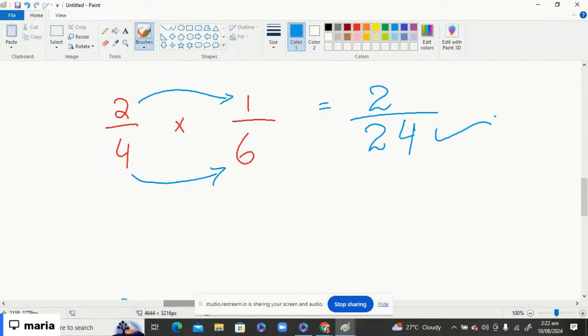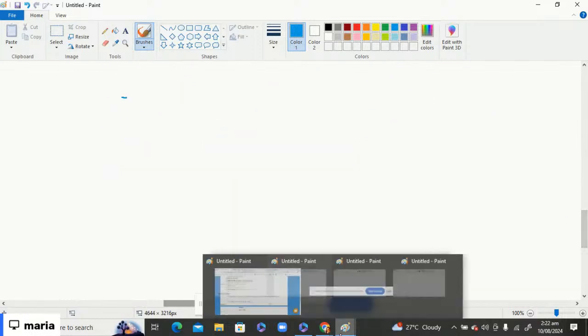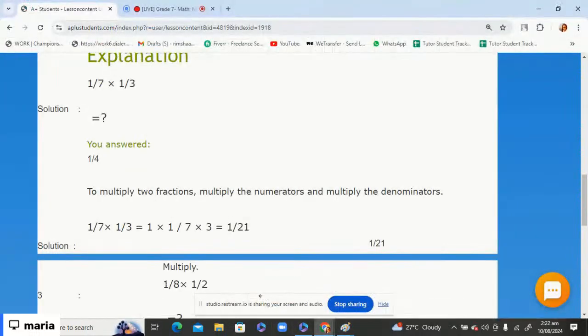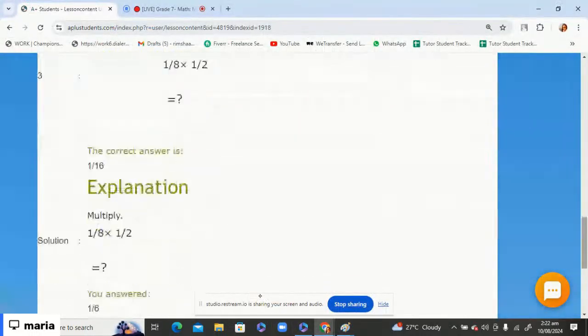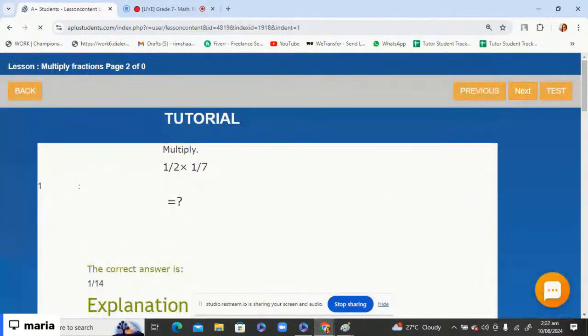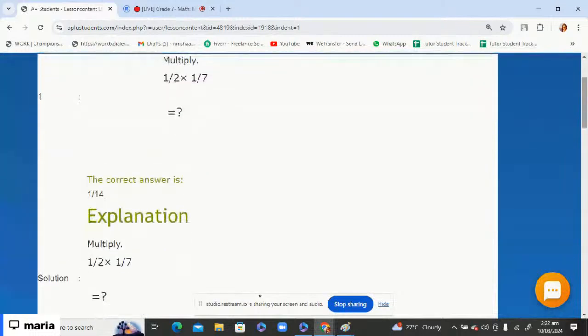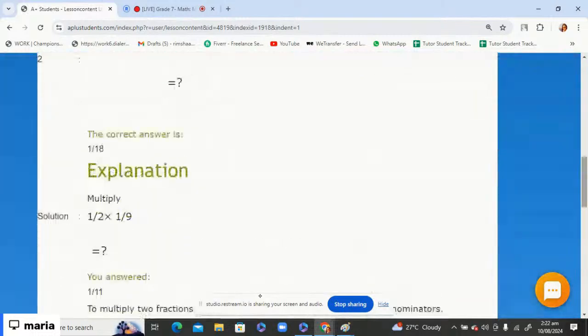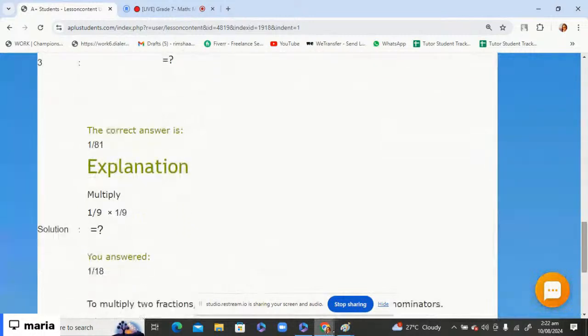You are going to multiply numerators with each other and denominators with each other. Now, for example, 1 by 2 times 1, this is so easy. Let's take something harder.